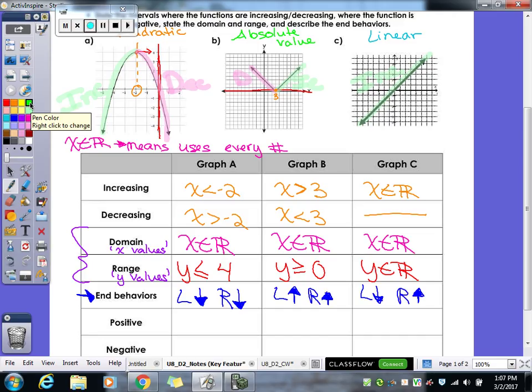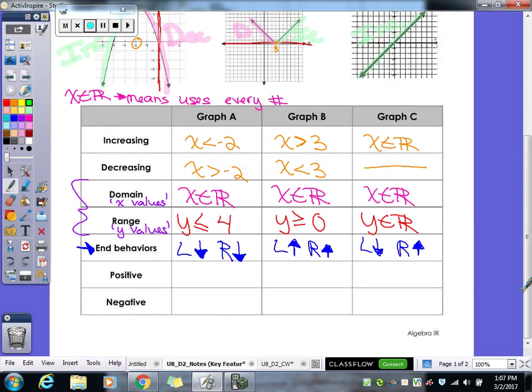All right, and then our last part, positive, negative. You're positive when you are above the x-axis. You are negative when you are below the x-axis.